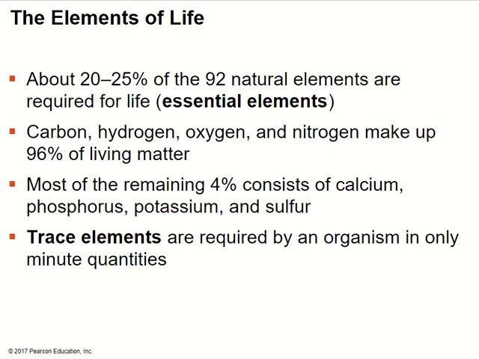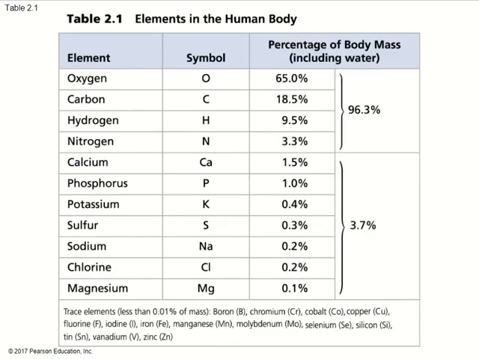There are trace elements that are required by organisms in very, very small quantities, and that can often be very dangerous if they're in large quantities inside an organism. This is just a breakdown of most of the atoms in our body, element-wise: oxygen, carbon, hydrogen, and nitrogen, and then some of the spare minerals from calcium all the way down to magnesium.